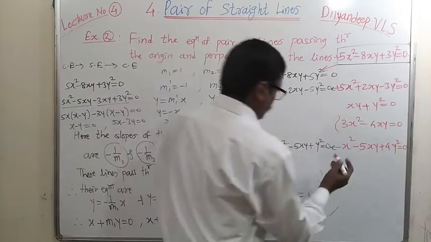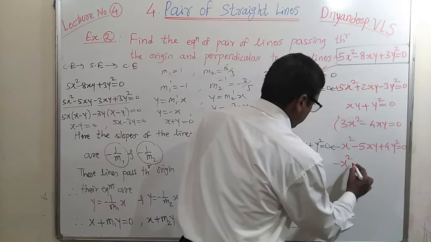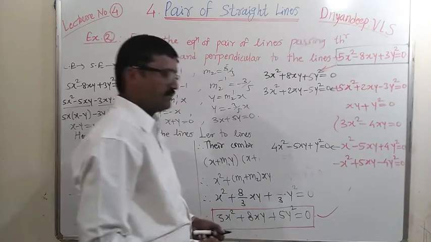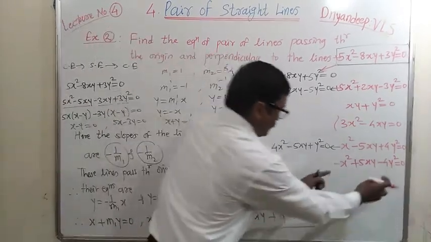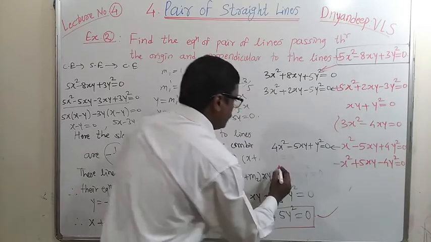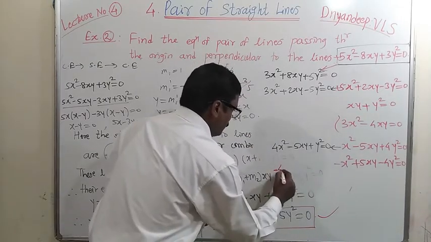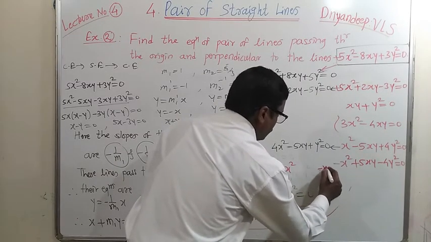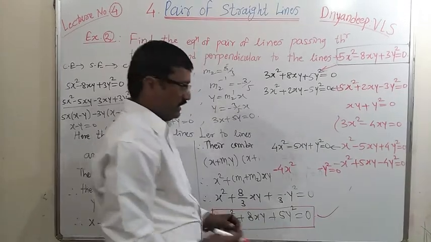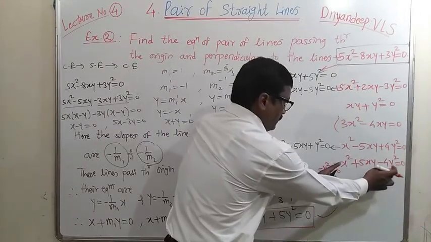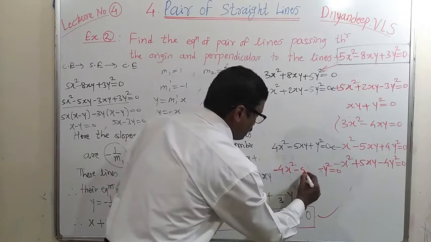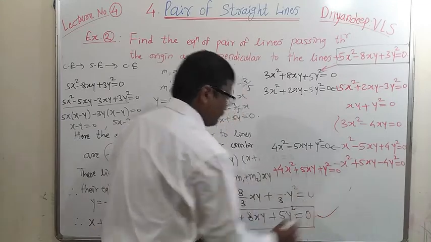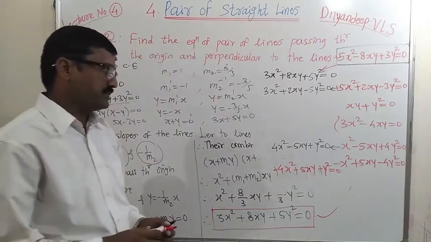For example, suppose minus x square plus 5xy minus 4y square equal to 0 is given. Here the signs of both terms are negative, so don't change their signs, only change the numbers. So we get 4x square and here minus y square. What about the middle term? As these two signs are the same, change this. That will be minus 5xy. And now again you can change the signs of all terms: plus 4x square, plus 5xy, plus y square.